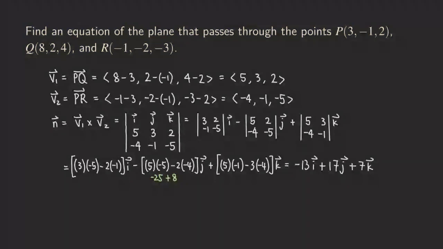Okay, so we have all that, right? We have the normal vector now. Once we get the normal vector and we also have a point, then coming up with the equation would be really simple.